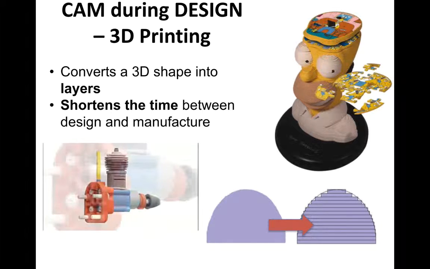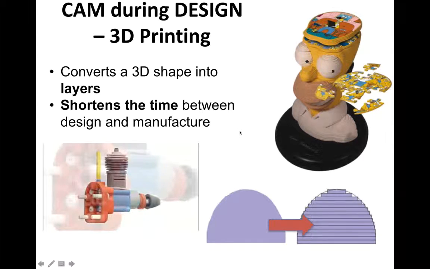Now, one aspect of CAM you do need to make sure you know for the exam is using CAM during the design stage. Okay, and you'll be doing that using 3D printing. Now what 3D printing does is it takes your three-dimensional model and it slices it into layers, and then it recreates those layers. And there are various machines that can do that that you don't really need to know.